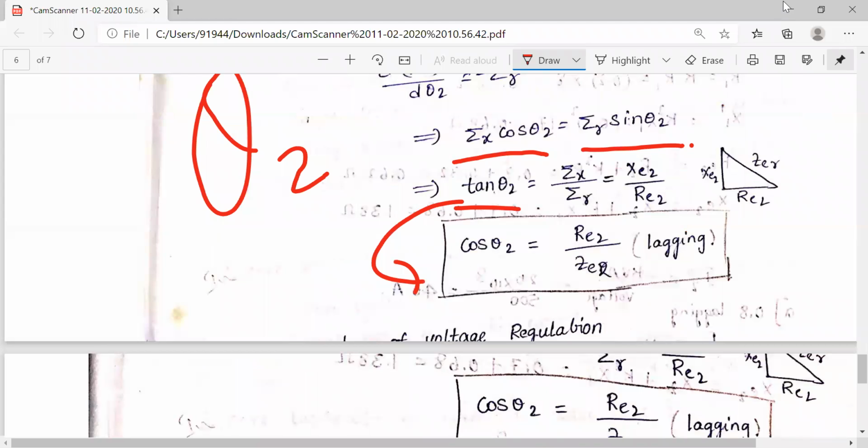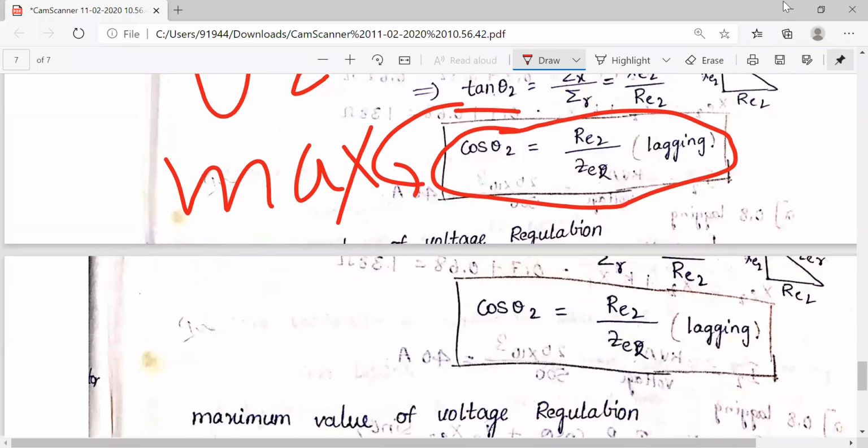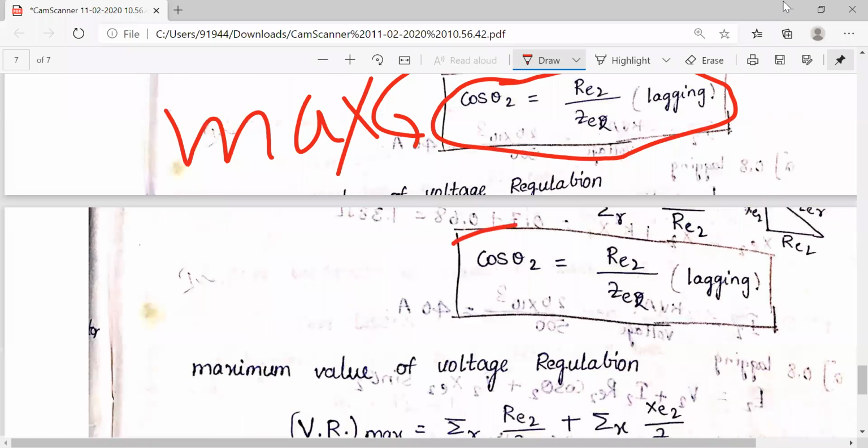At this point, the voltage regulation will be maximum. This is the condition for maximum voltage regulation, at the leading power factor.